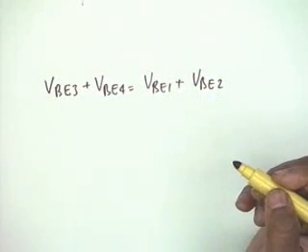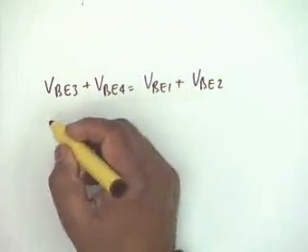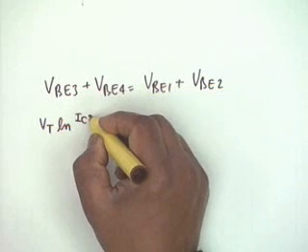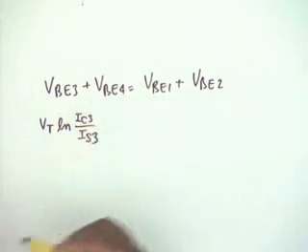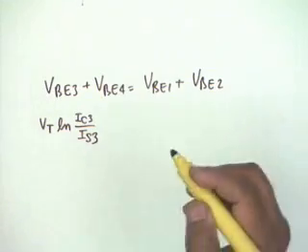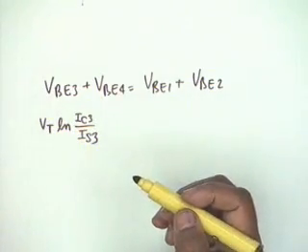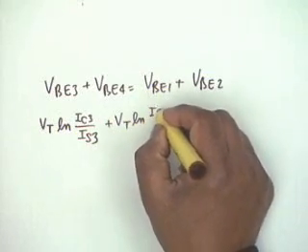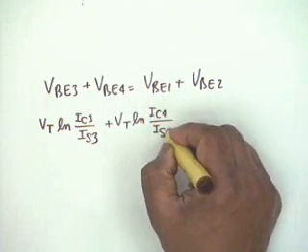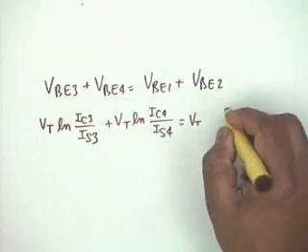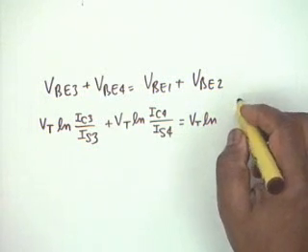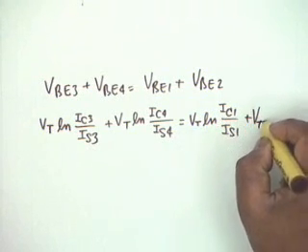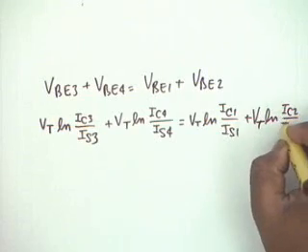Let's write these VBEs in terms of the collector currents. Then obviously what we get is VT log I sub C3 divided by IS3. Alright. Is this equation clear? From that collector current equation. So plus VT log of I sub C4 divided by I sub S4 would be equal to VT, VT is the common factor, log I sub C1 divided by IS1 plus VT log of I sub C2 divided by IS2.